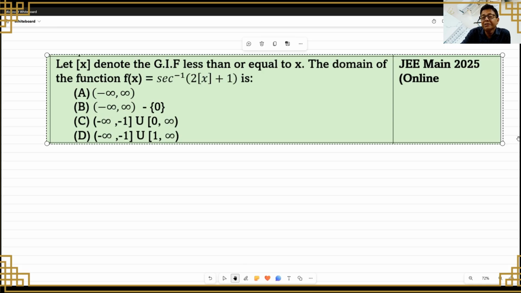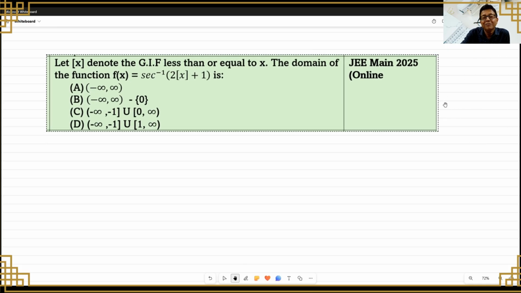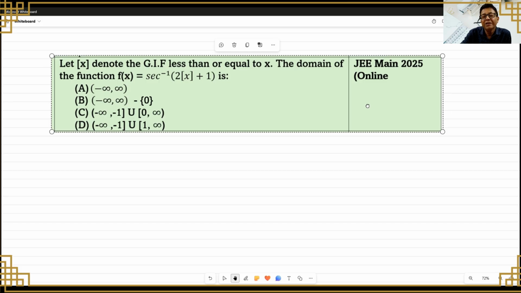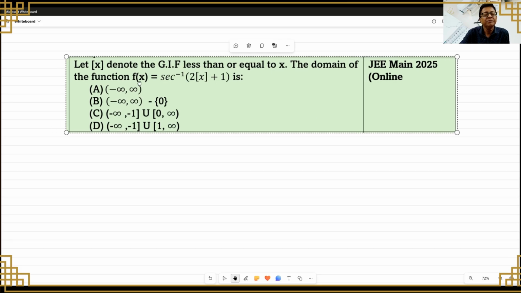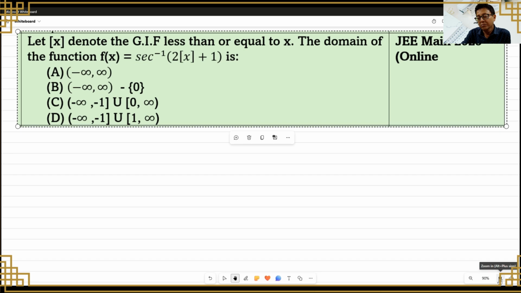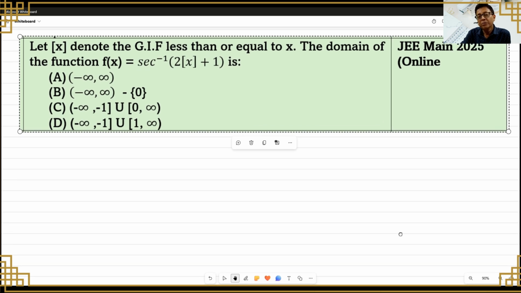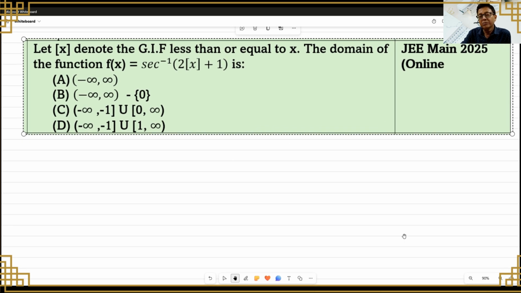Let modulo x denote the GIF less than or equal to x. The domain of the function fx equal to sec inverse 2 modulo x plus 1 is what? I hope all of you remember this special function and its graph.